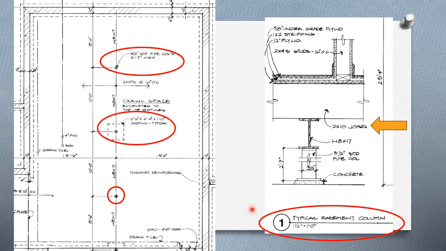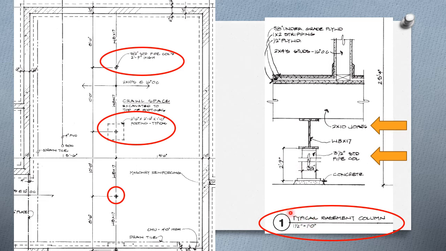and we'll talk about them some more in framing. Notice the break line, because I don't need to draw the rest of that joist. Here's my 3.5 inch standard pipe column, and again, I have a break line because the space in here looks just like this and looks just like this.